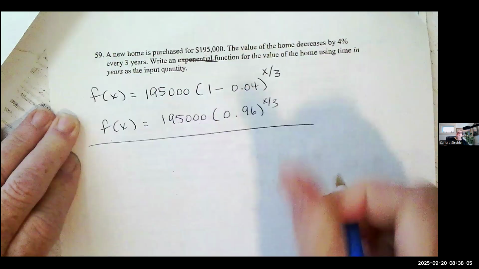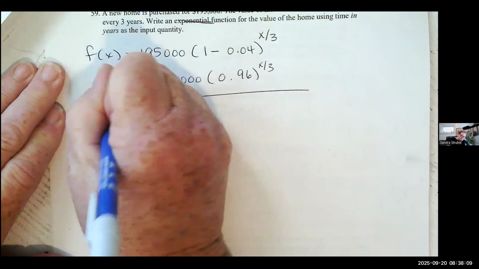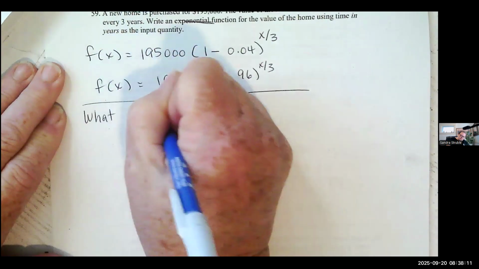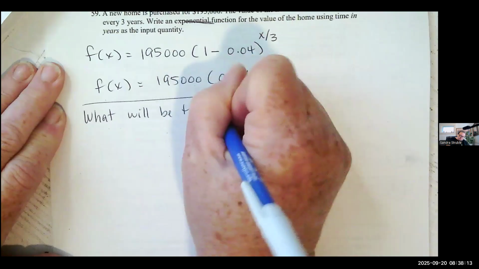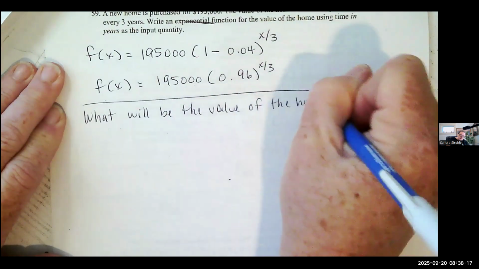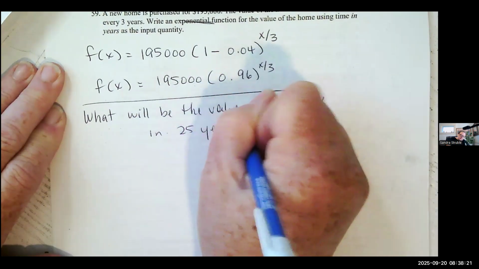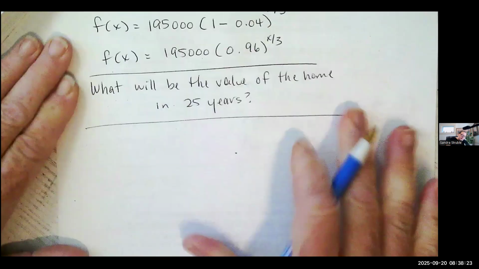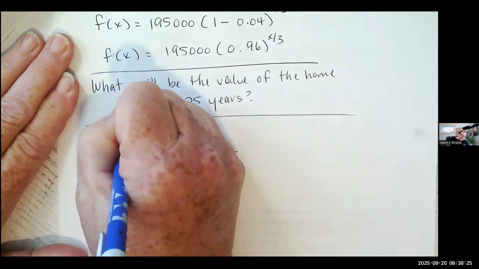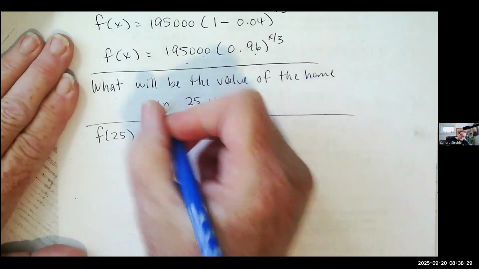There's my function. Now, I want to know what will be the value of the home in 25 years. All right, so I'm just plugging in 25 for x. This should be less than 195,000 because it's decaying.